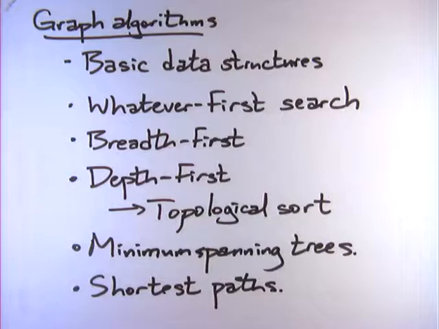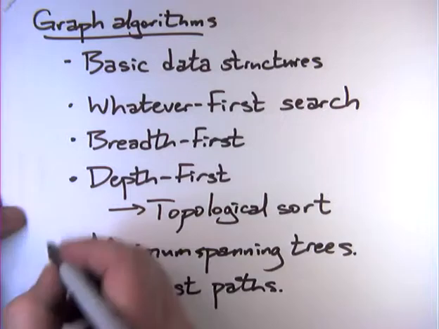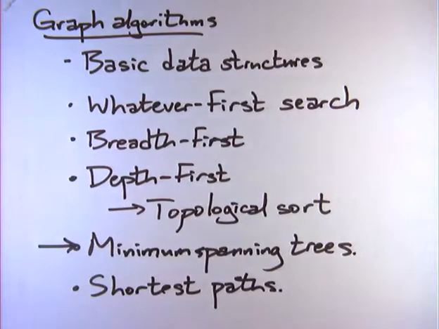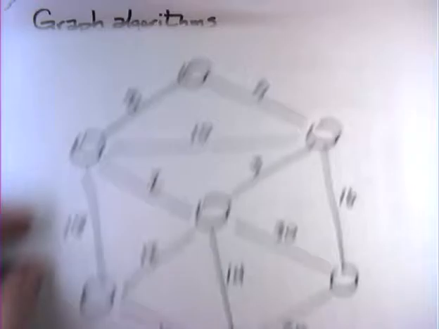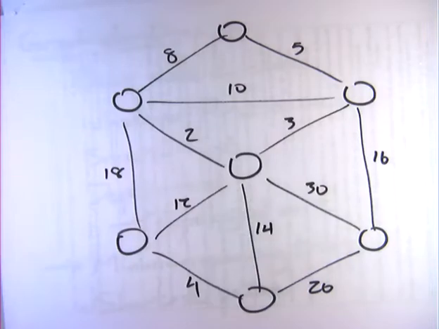All right, so let's start here with minimum spanning trees. The input to the minimum spanning tree problem, as you probably remember, is an undirected graph, no special start vertices or anything like that, where every edge has some weight attached to it, some number.